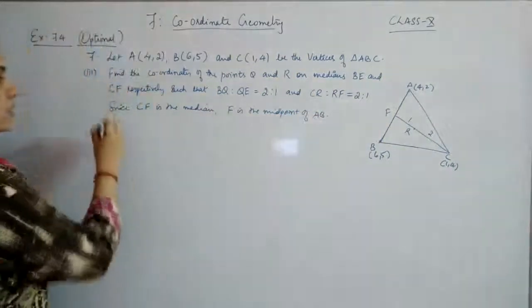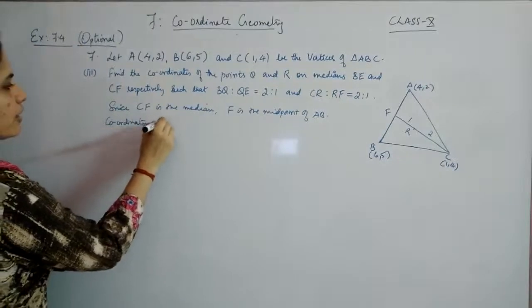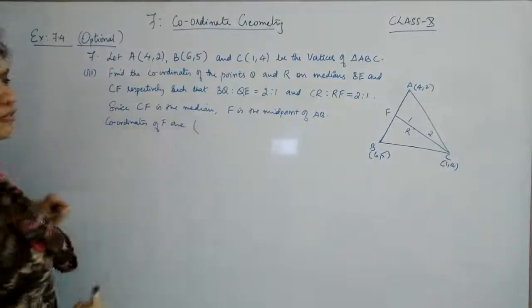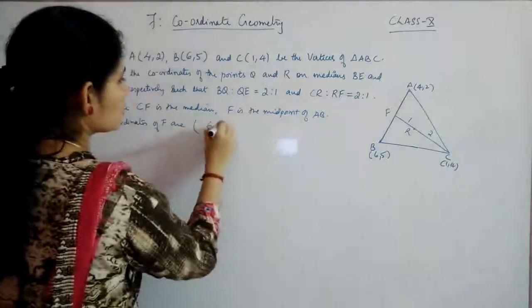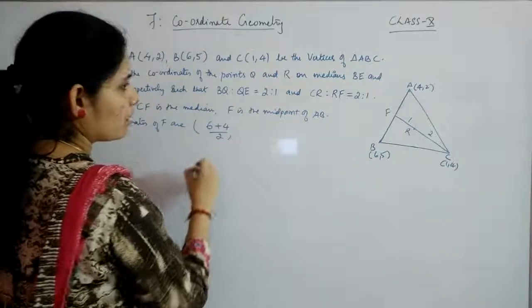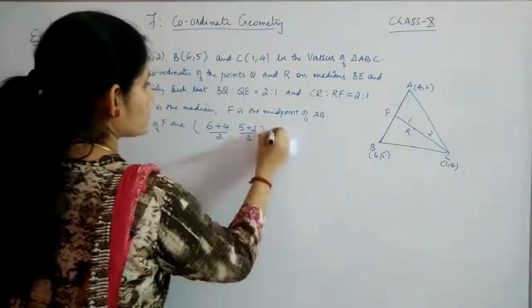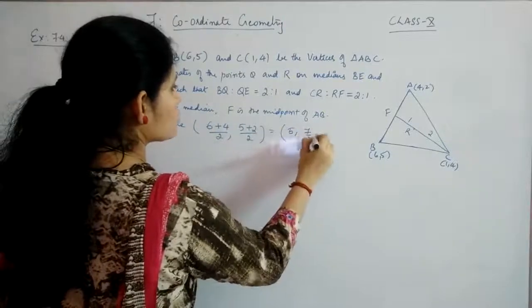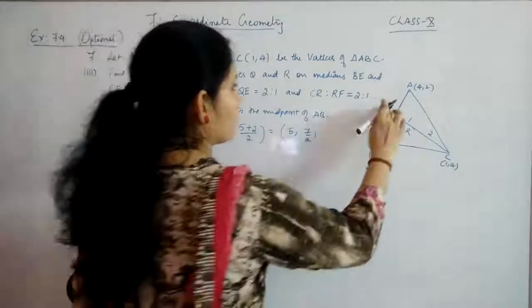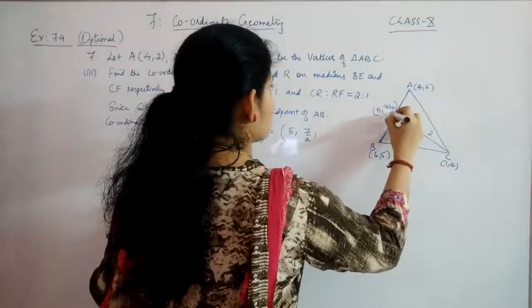Now how will you find out the coordinates of F? Therefore coordinates of F are, again with your midpoint formula, what you will get 6 plus 4 by 2, comma 5 plus 2 by 2, which is equal to 10 by 2, 5, comma 7 by 2. So that is the coordinate of F. 5, comma 7 by 2 is your F.